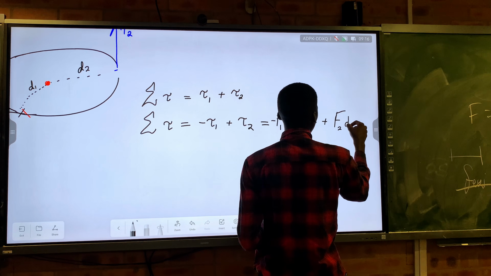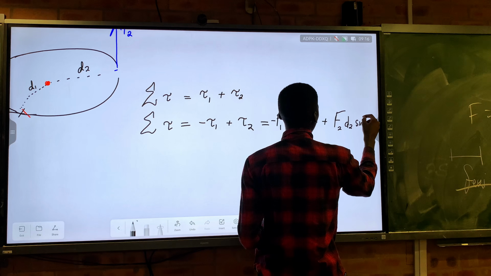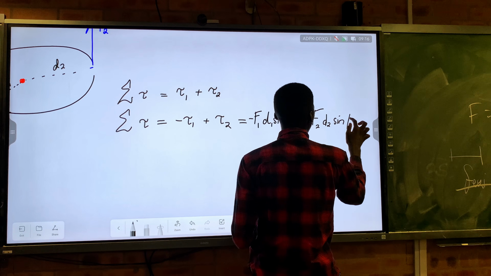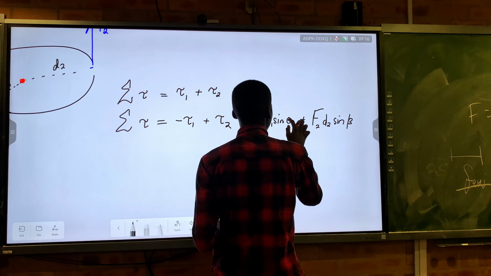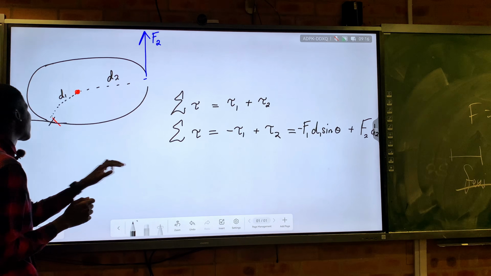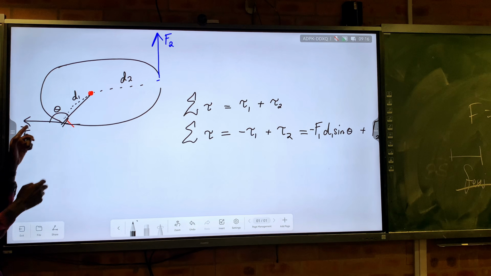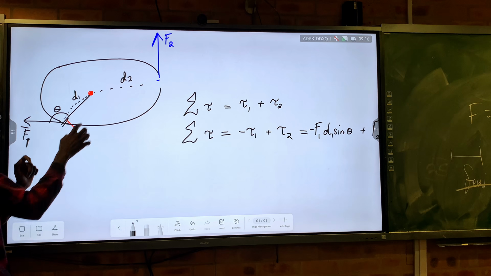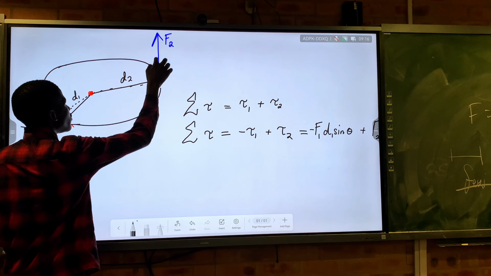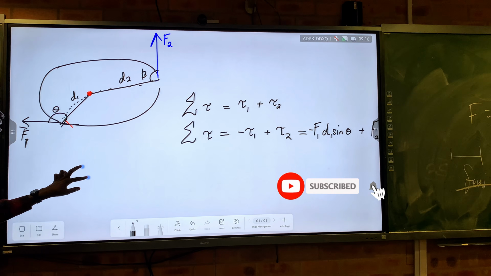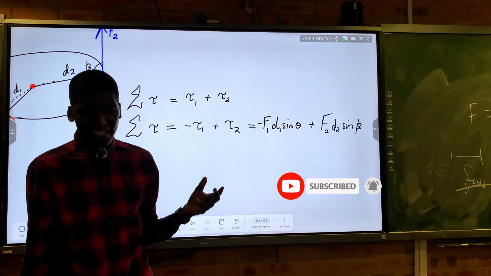Then for the other, force 2, distance 2, sine of the angle, which is not the same angle. Let me say sine beta, then I say sine theta. So the angle that we are talking about here is the angle between the force and the distance vector. And here, the angle between D2 and force 2, which I will call beta. That is the angle that we are talking about. But that is the basic idea.